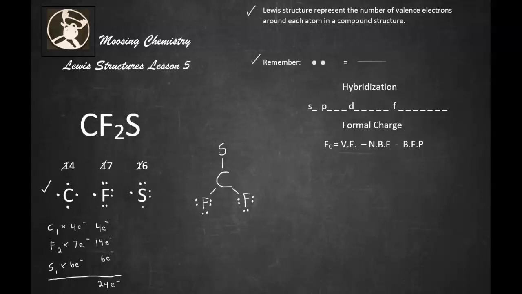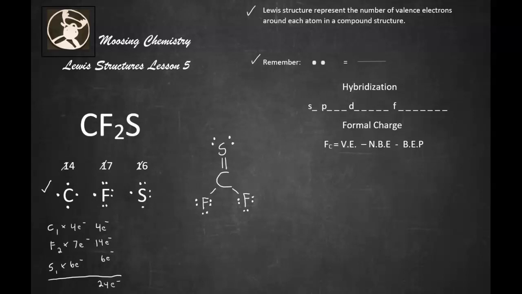Sulfur, 2. Oh wait a minute, look. Carbon doesn't have an octet. It has to have an octet. So we're going to have to put another line right there to give carbon the octet. So that gives 2, 4 for sulfur, 6, and 8.